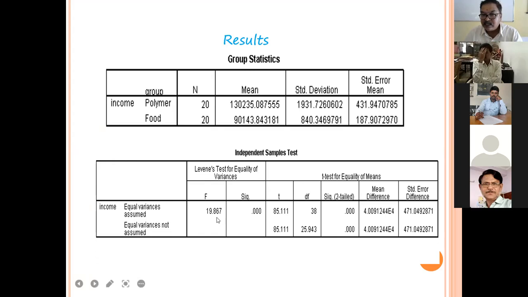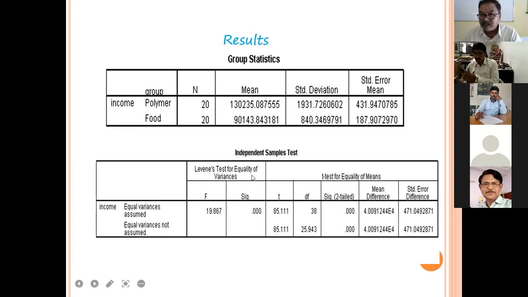In this case, the F test value is very high and significant because the p-value is less than 0.05. Less than 0.05 means your margin of error is very less and your level of confidence is very high. Therefore, you can reject the null hypothesis.